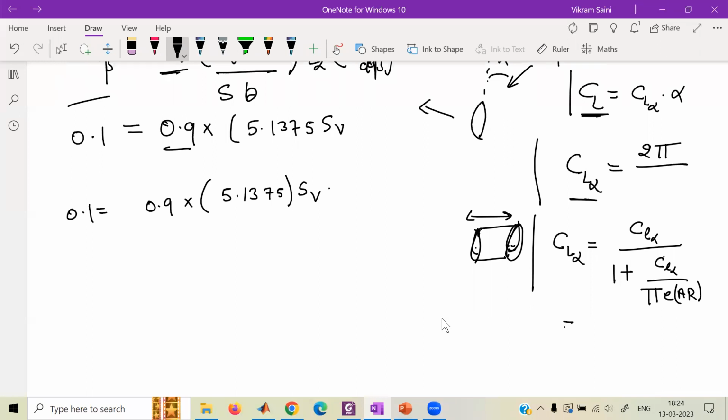So let me explain what the numbers are here. So it's the 2D airfoil lift curve slope, and then the efficiency factor. How does your finite wing look? Let's say if you look from the top, it could be rectangular, it could be tapered.